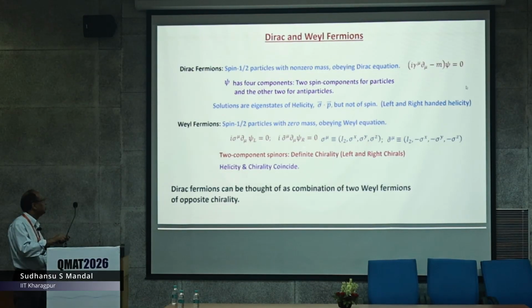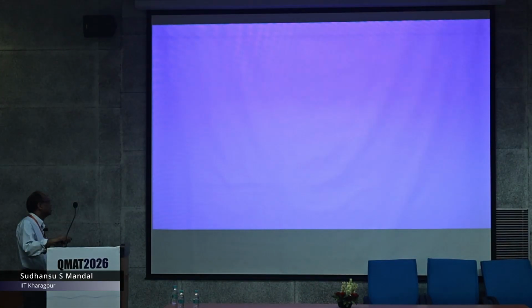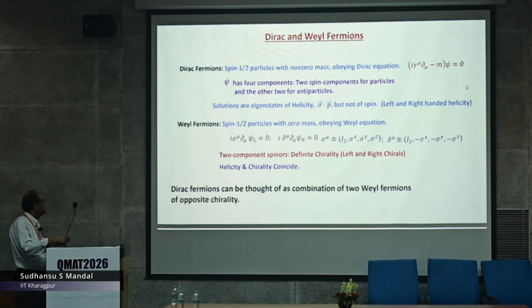These are called Weyl fermions. These 2-component spinors have a definite chirality, left and right chirals, and in this case, helicity and chirality coincide. Dirac fermions you can think of as a combination of 2 Weyl fermions of opposite chirality.